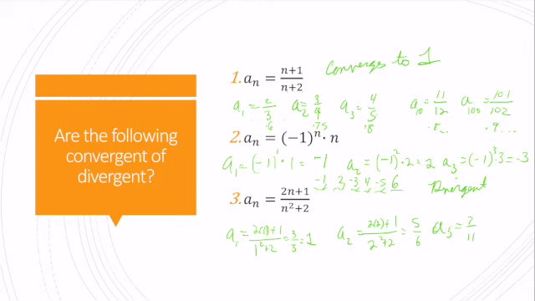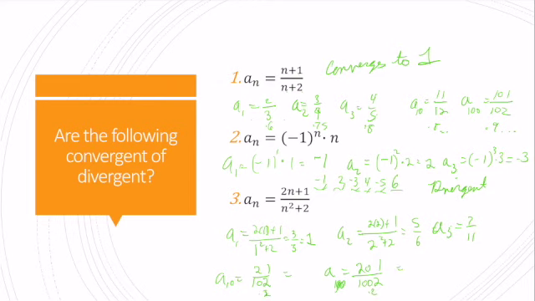And as we can see, my numbers are starting to get smaller and smaller. I had 1, now I have 5/6, now I have 7/11. If I had a sub 10, that would be 21/102. If I have a sub 100, that would give me 201 over 1,002, so this is kind of like 0.2.